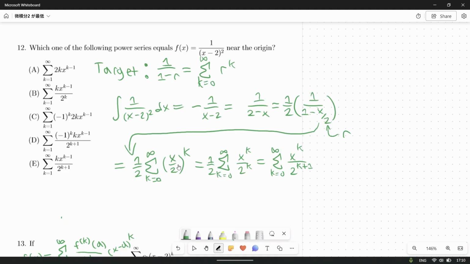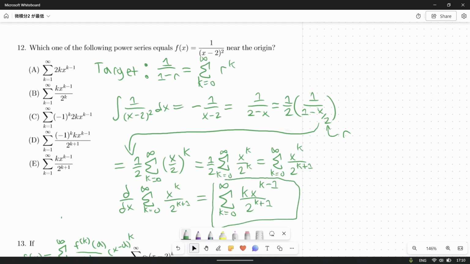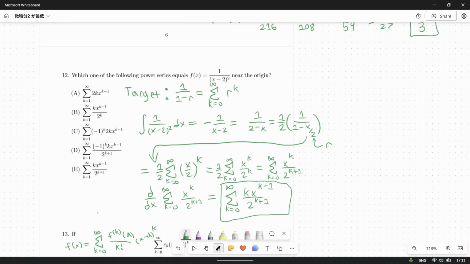So taking that derivative with respect to x, because that's our variable, the derivative of our power series, the sum from k equals 0 of x to the k over 2 to the k plus 1, is going to be equal to the series from k equals 0 to infinity of k times x to the k minus 1 over 2 to the k plus 1. And this is going to be the final answer to this question. And so the answer to this question is going to be E.